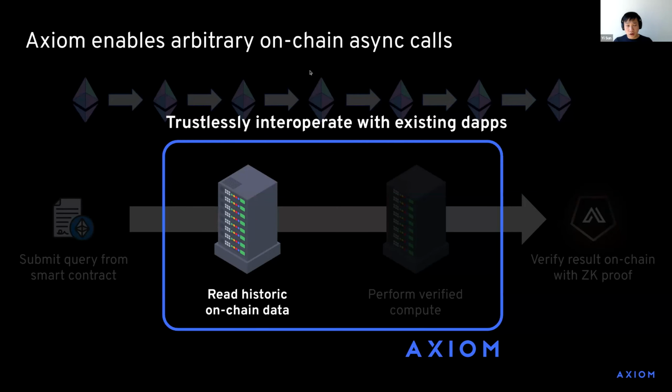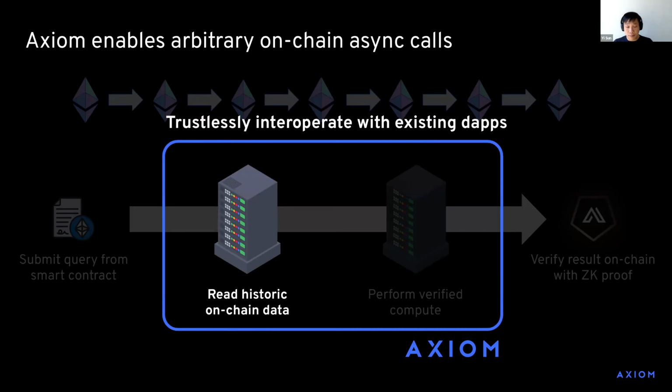So what's the advantage of this type of design? First, by reading from historic on-chain data, we allow Axiom to trustlessly interoperate with existing applications. What that means is that when you're designing a smart contract application, you don't need to think about what the later usages are of the data that you're caching in your application.